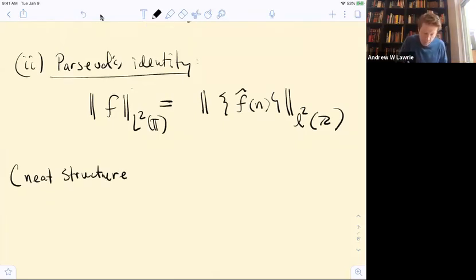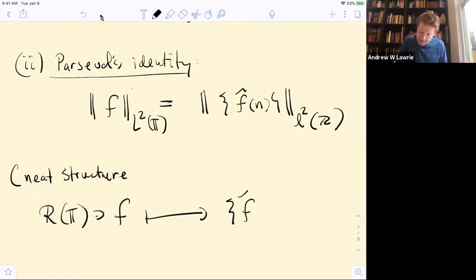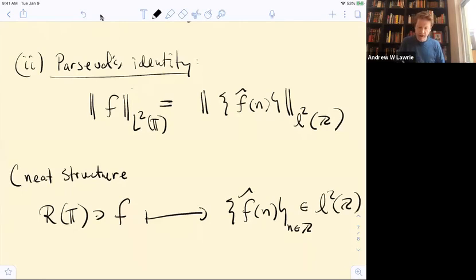If we take a function f from the Riemann integrable functions, we associate to it a sequence of Fourier coefficients, and this is a mapping. It turns out, if we start off with a Riemann integrable function, Parseval's identity tells us that we end up in L2(Z).